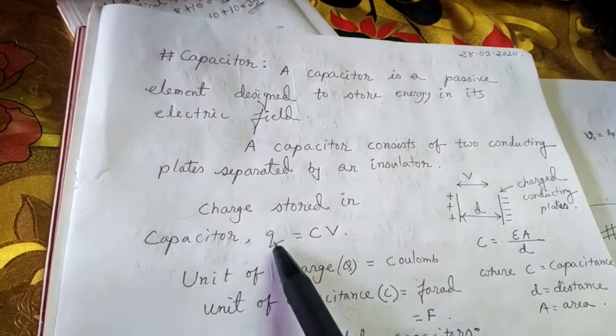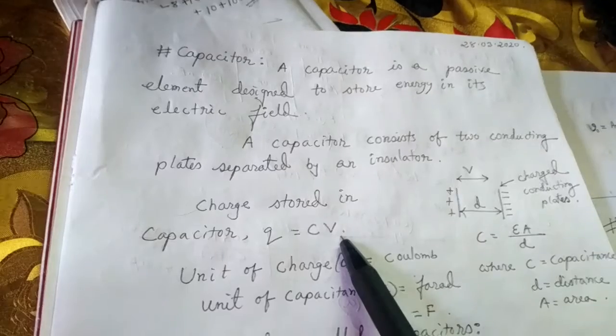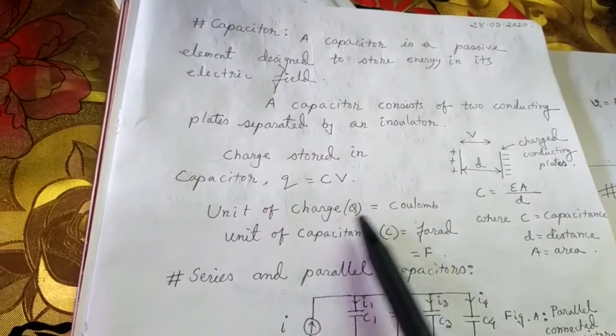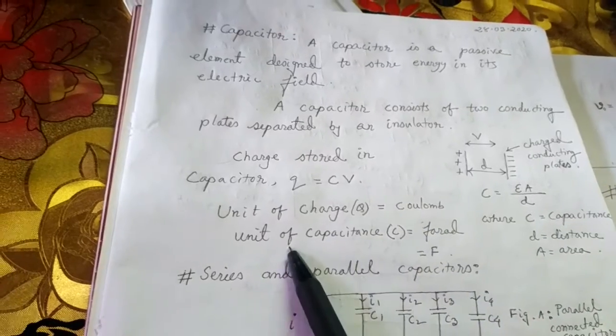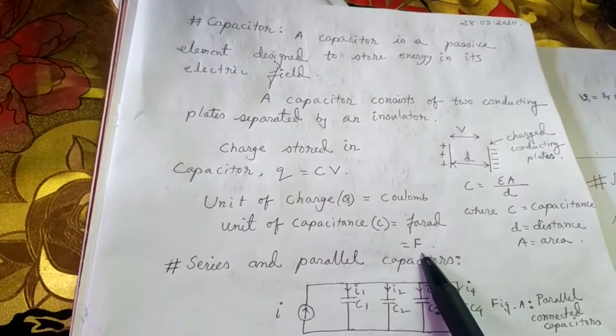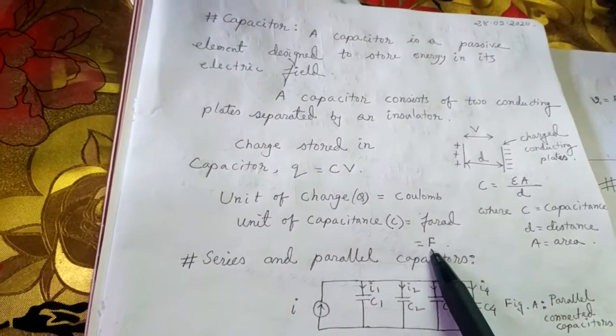Q is the charge, V is the voltage, C is the capacitance. The unit of charge is coulomb and the unit of capacitance is farad, represented by capital F.